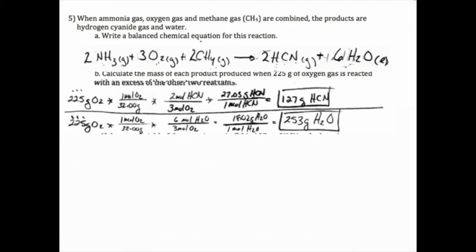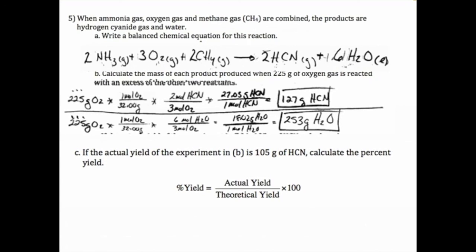But we do have to calculate the masses of 2 products. So starting with 225 grams of oxygen, using the correct sequence of conversion factors works out to be 127 grams of hydrogen cyanide produced. And starting again with 225 grams of oxygen, using the proper sequence of conversion factors works out to be 253 grams of water being produced.